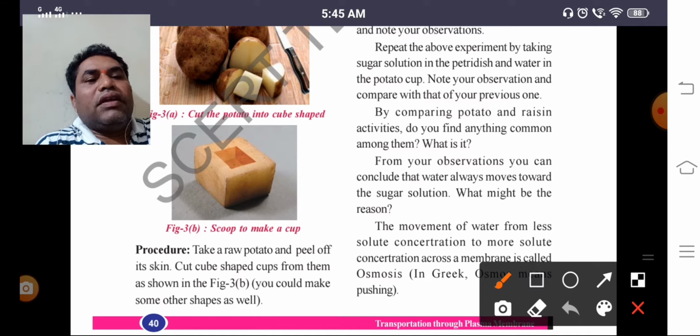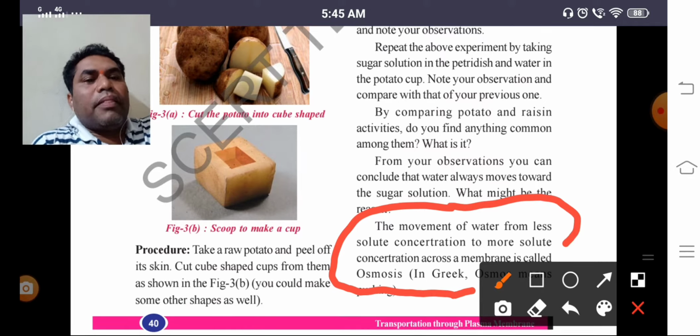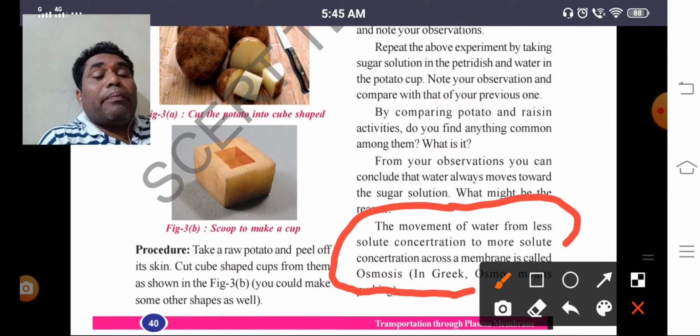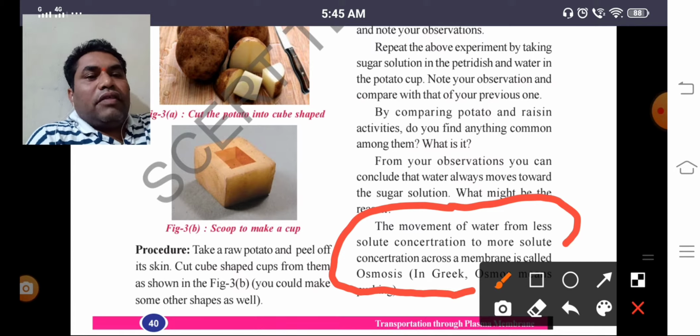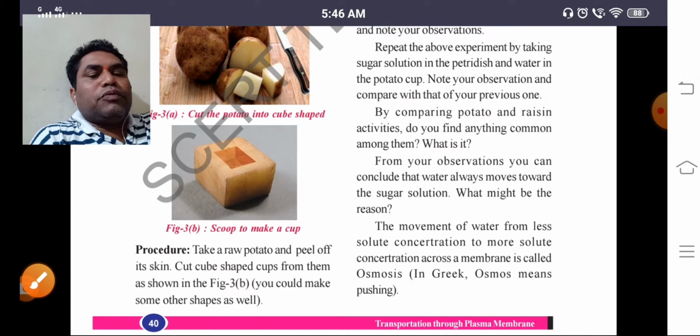So here they gave the osmosis definition: the movement of the water from less concentration to high concentration through a plasma membrane or a cell membrane is called osmosis. In Greek, osmos means pushing.